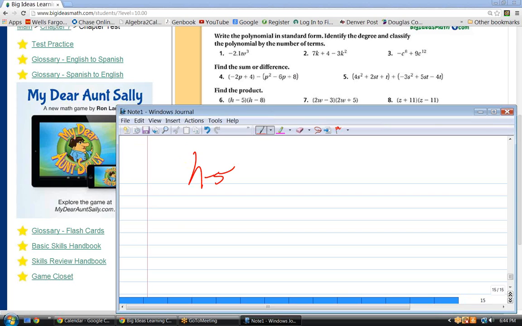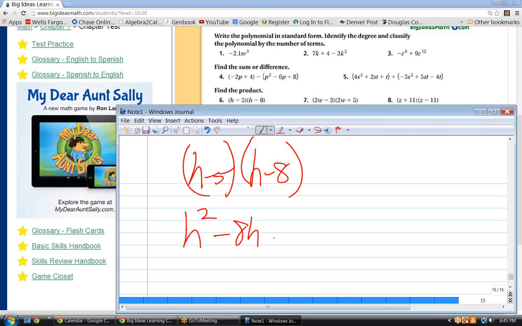h minus 5 times h minus 8. So h squared, then minus 8h, and then minus 5h, minus 40.